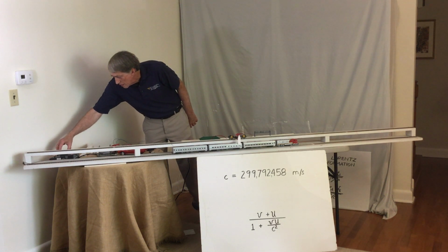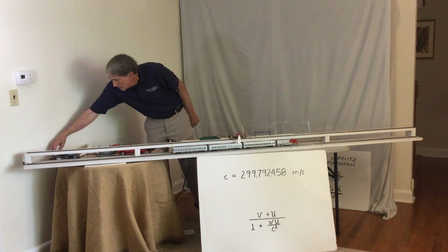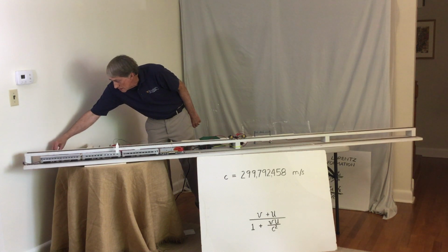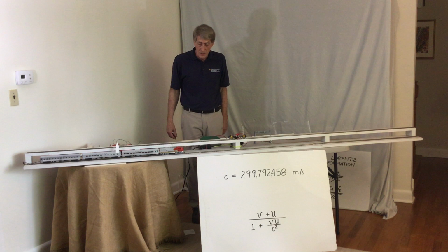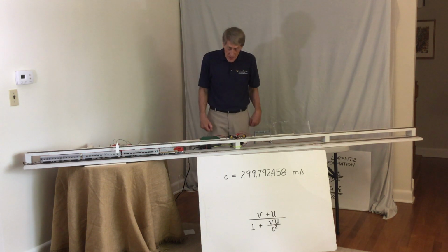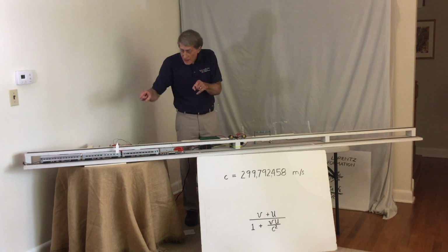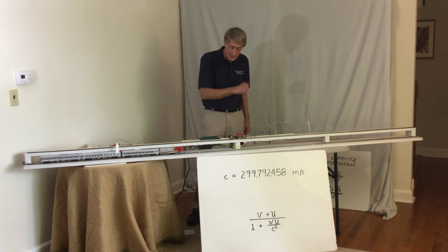So again, I'm going to move the train back in position here. Okay, and so what we're going to do is be with Pat on the platform, and we're going to look to see what light is doing in the train as the train goes right on by.